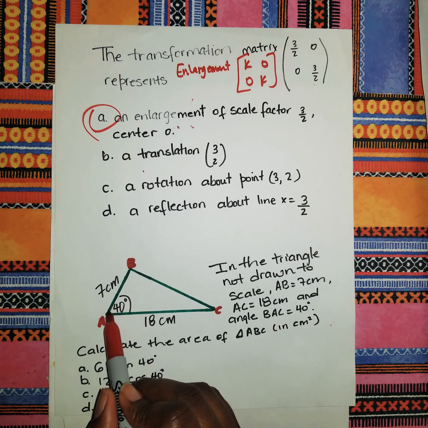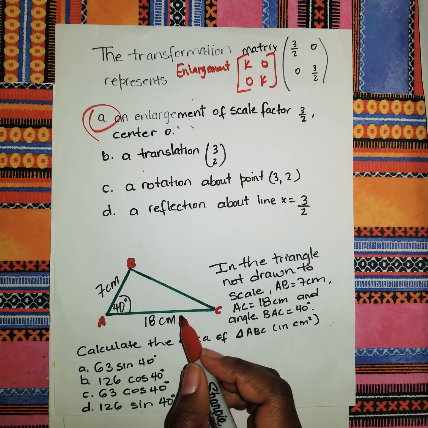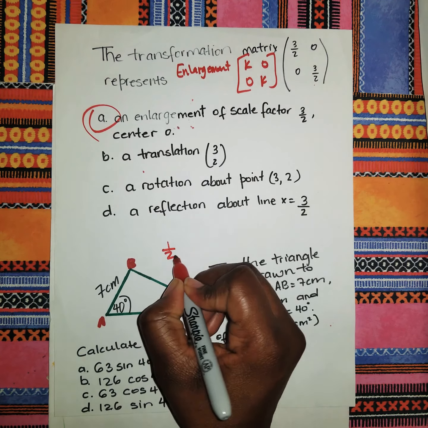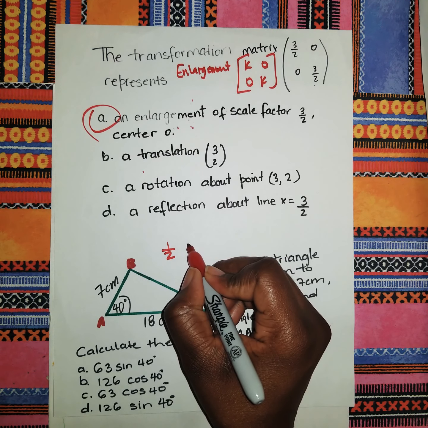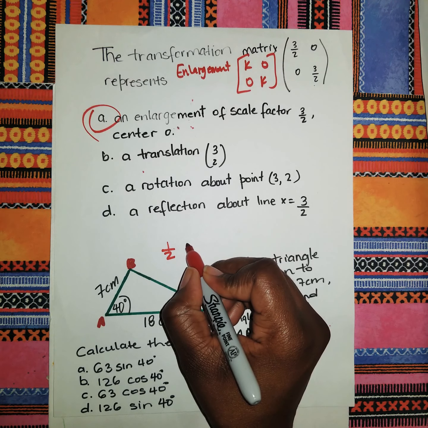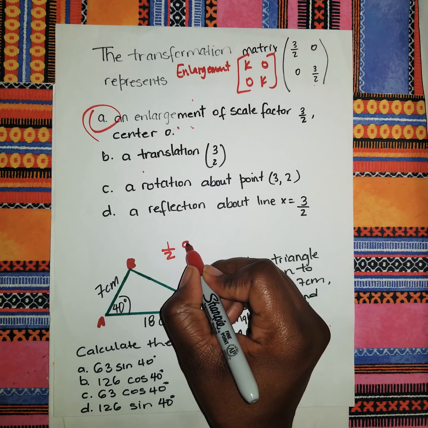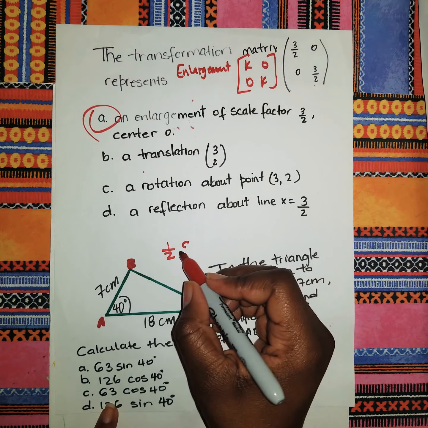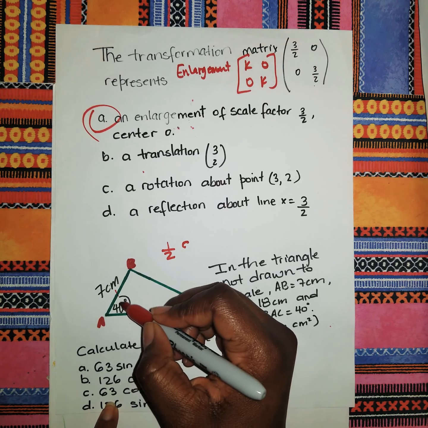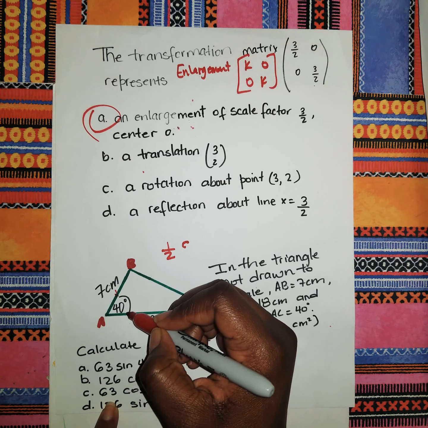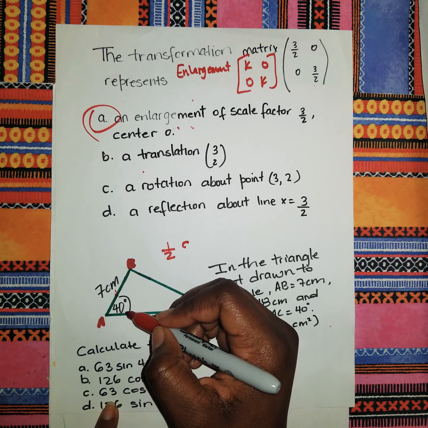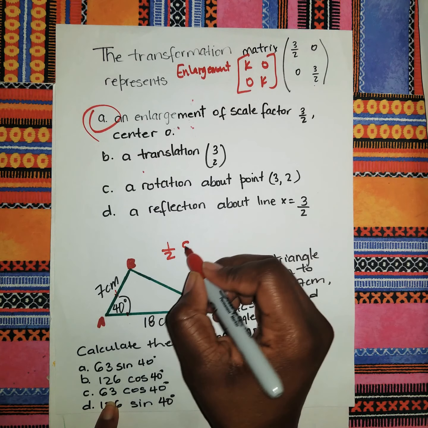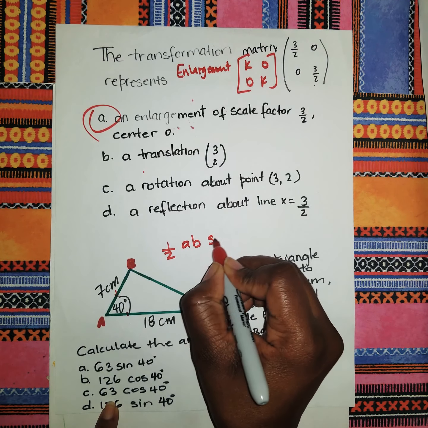And so the area for a non-right angle triangle would be half the length of the two included sides and the sine of the angle between the two lengths. So half AB sine C.